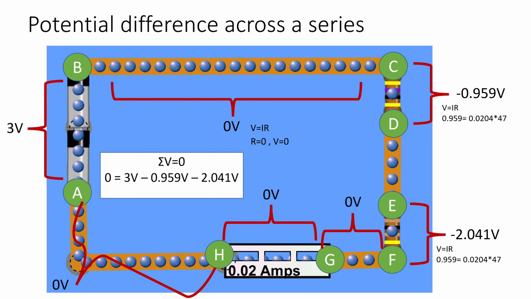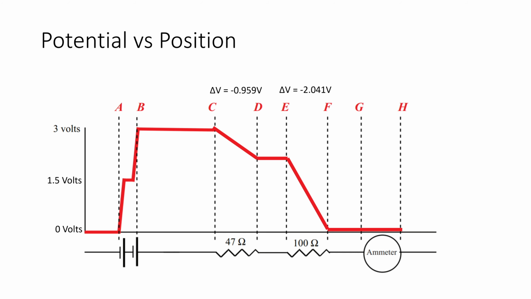At any point in this system where there is no resistor, there is going to be no potential difference, and that is also because of Ohm's law, where if there is no resistance, there can't be any potential difference. We can see this in our graph here, where the potential difference increases across the battery and then decreases across the resistors, and it all goes in a loop.